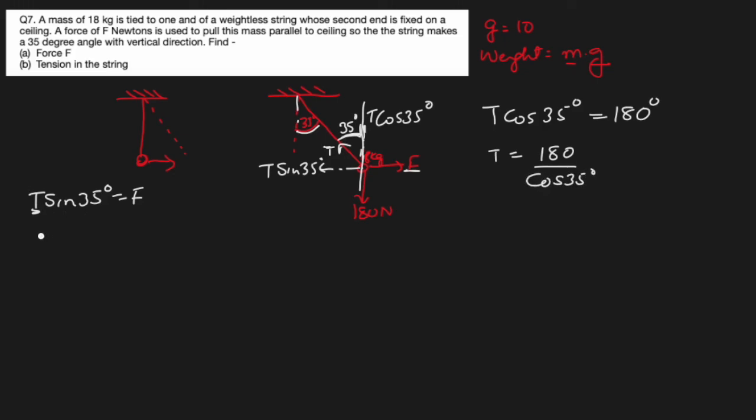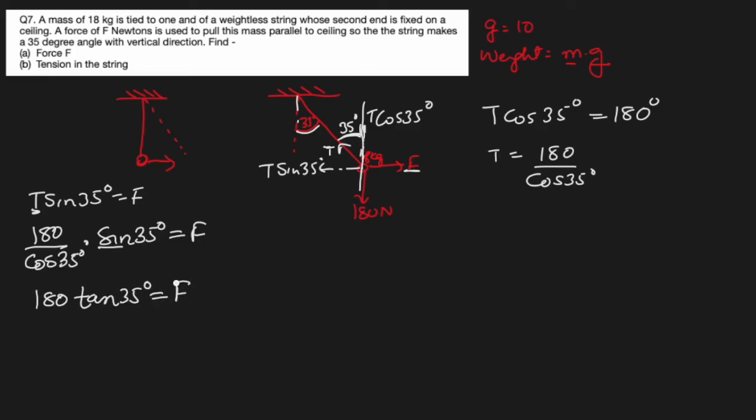That we can write here. So 180 divided by cos 35 degrees multiplied by sine 35 degrees equal to F. If we don't want to write them differently, sine over cos is tan. So 180 tan 35 degrees is the value of F. Just put this in a calculator and you'll get your answer.